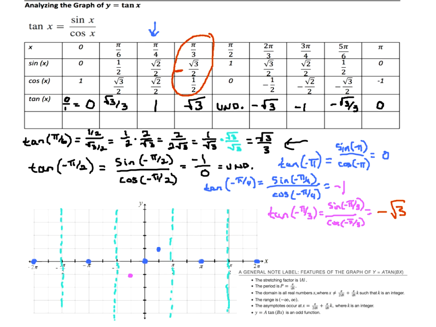And when I put the square root of 3 into my calculator, I get 1.73. So this is going to be negative 1.73. Okay, so negative pi over 3 lives somewhere around in here, and that is going to be negative 1.73, so maybe about right here.